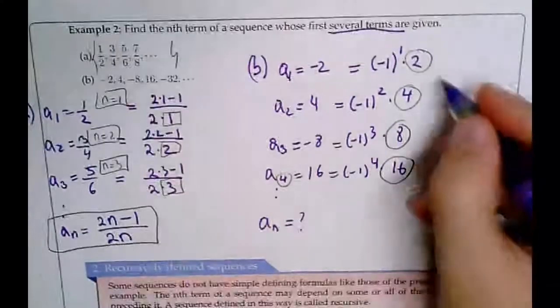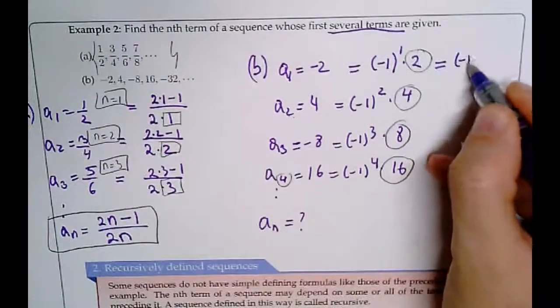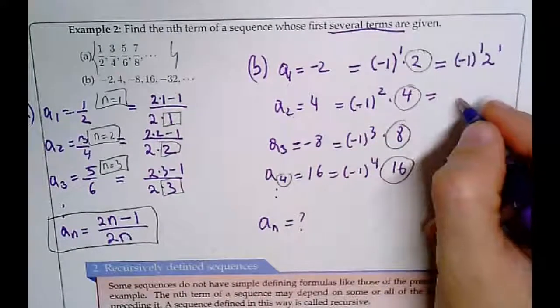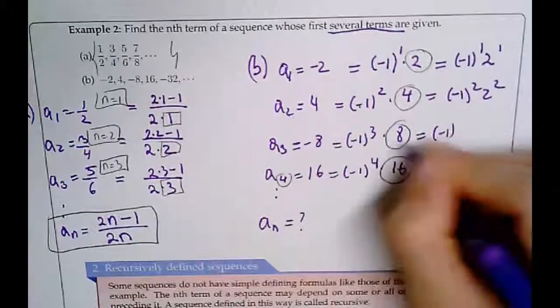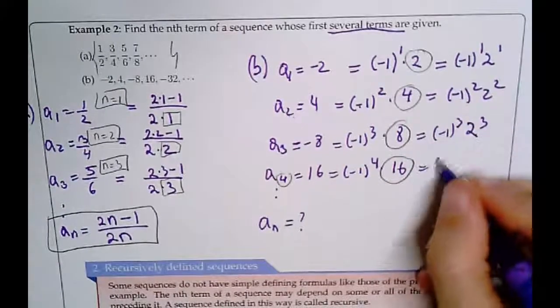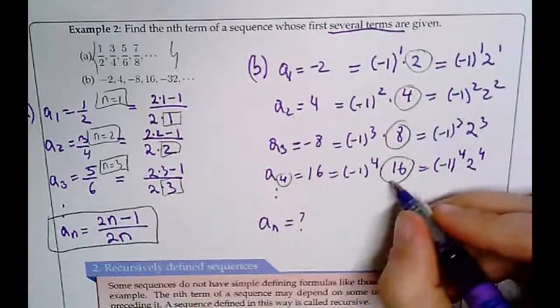So can I rewrite this in terms of powers of 2? Yes, so this is -1 to the 1 times 2 to the 1. This is -1 squared times 2 to the 2. This is -1 cubed times 2 to the 3, because 2 to the 3 is 8. And this is -1 to the 4th times 2 to the 4th, because 2 to the 4th is 16.